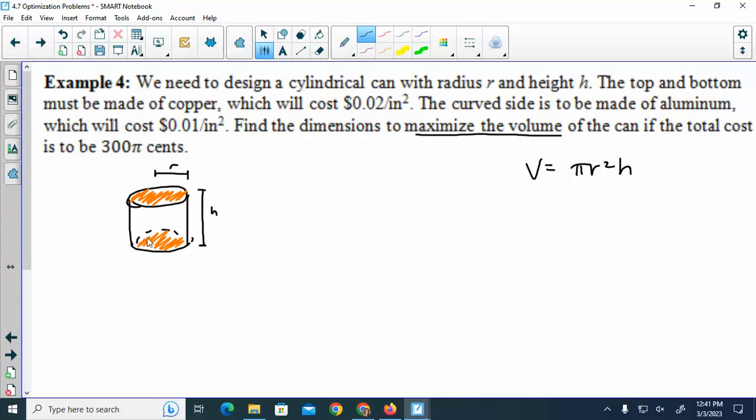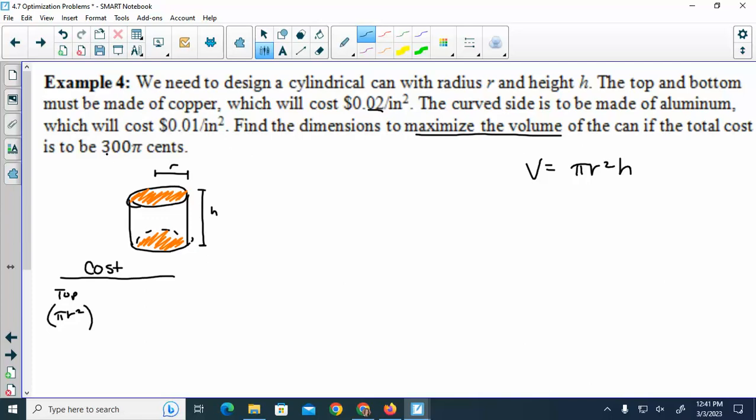All right, so for the top of the can, let's figure out our cost here. What's the area of the top? Area of a circle is pi r squared. And how much does it cost to make the top? 2 cents per square inch.